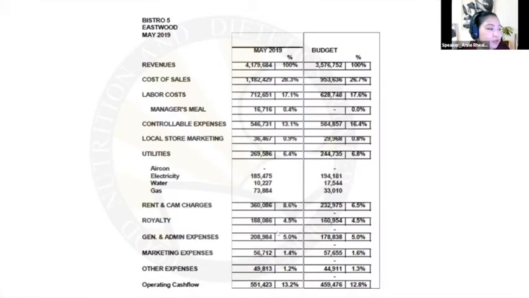So hindi lahat ng business operations ay may royalty, especially if it is your own company. So for this example, we are paying 4.5% royalty to Dennis International. So that is 4.5% of our revenue.